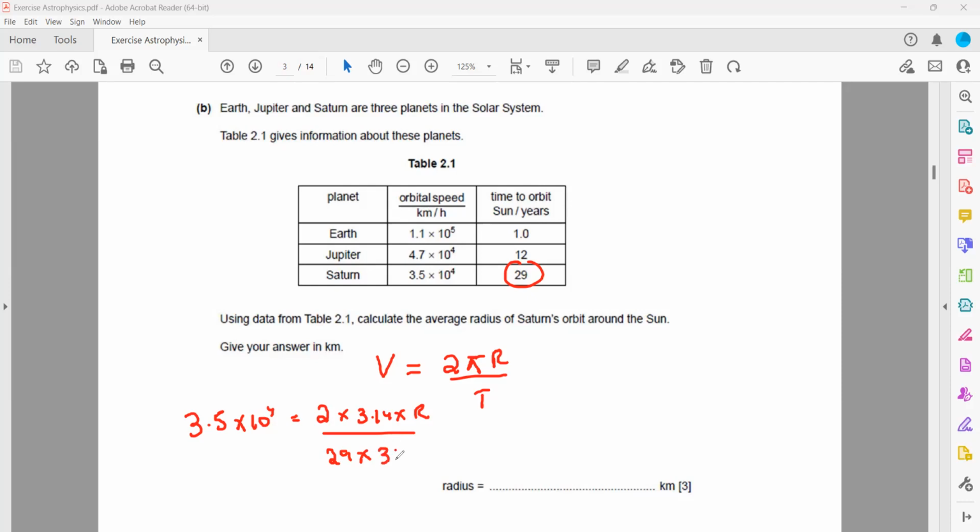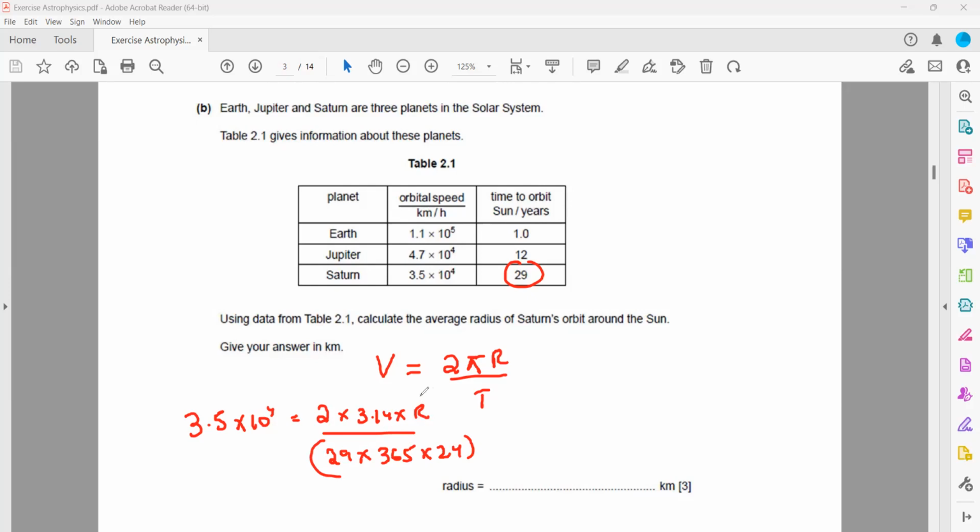That is 365. We multiply 29 years by 365 to convert into days. This will give us the total number of days. And each day has 24 hours, so we have to convert into hours. We'll multiply by 24. Now it is converted into total hours.